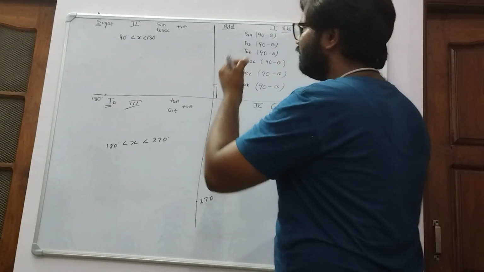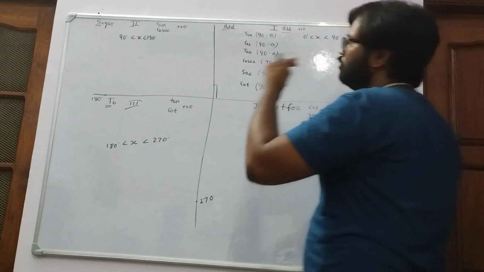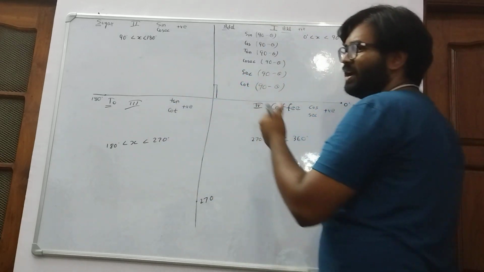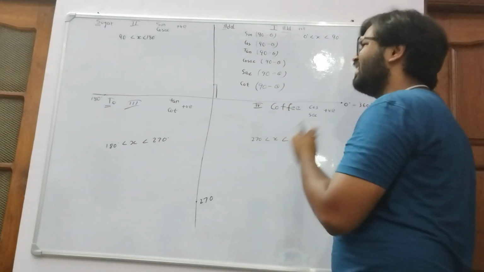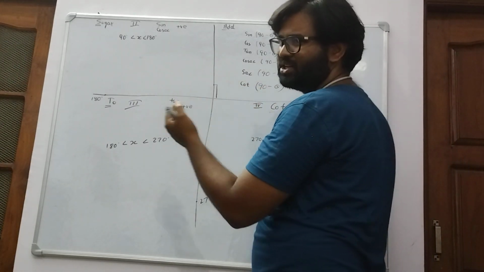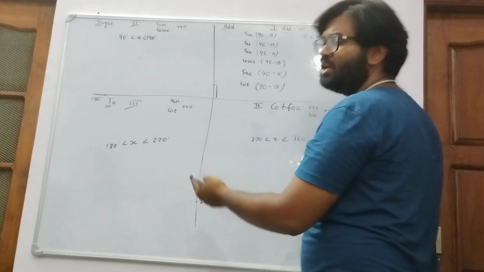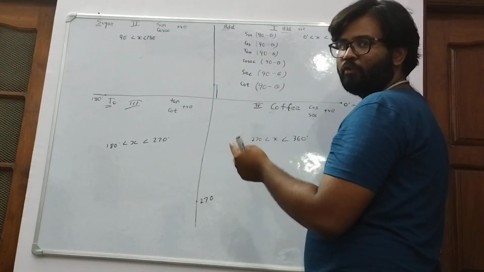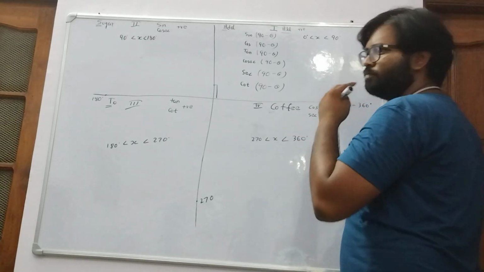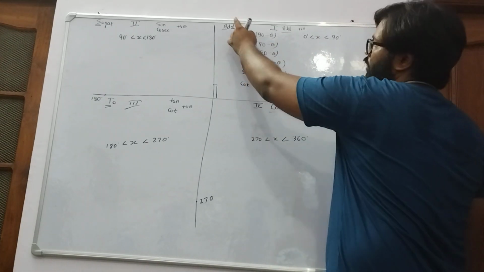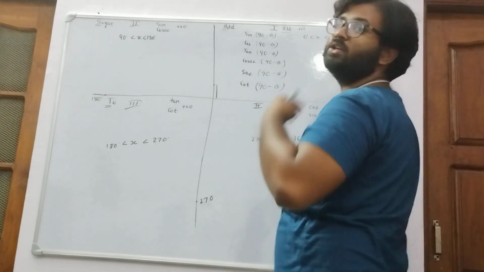That's why in class 9, when you were told to learn the angles, sine 0 degree, sine 30 degrees, sine 45, sine 60, cos 30, cos 45, you will see the value of sine 30 degree coincides with the value of cos 60 degree, because both trigonometric ratios are complementary to each other.